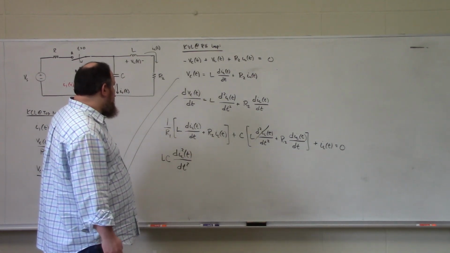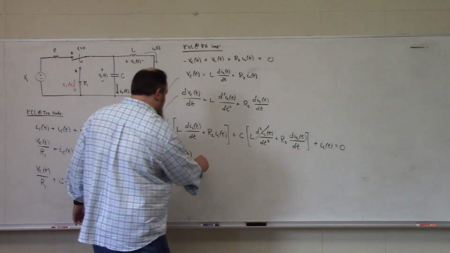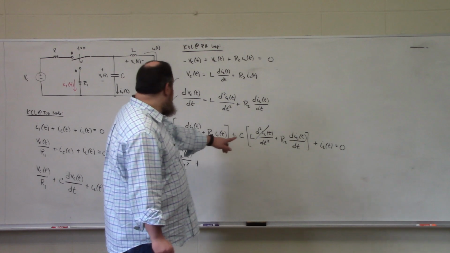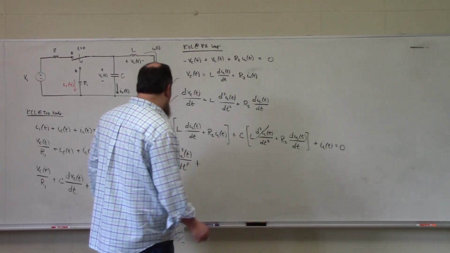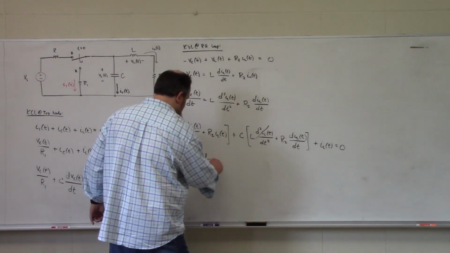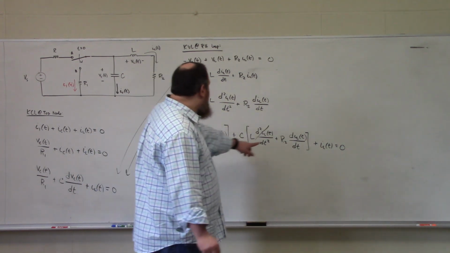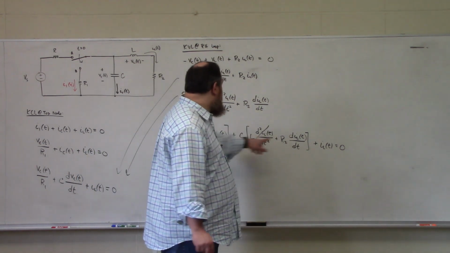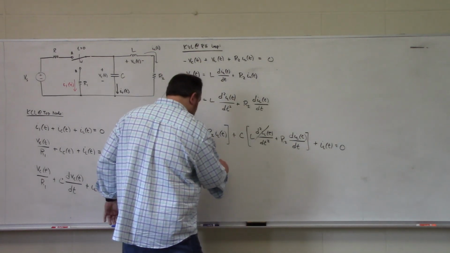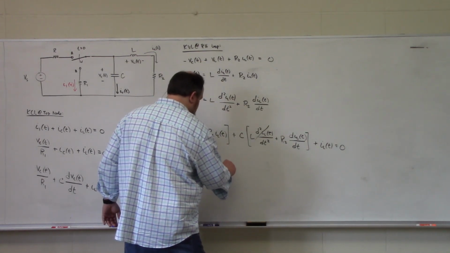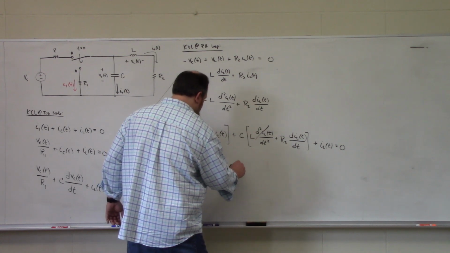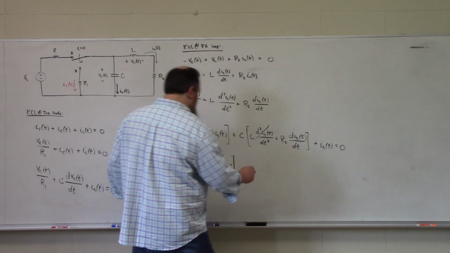My first derivative terms, I'm going to have, let's see, so I have an L divided by R1 and a C multiplied by R2 multiplied by the first derivative.